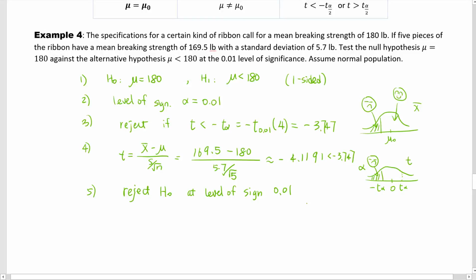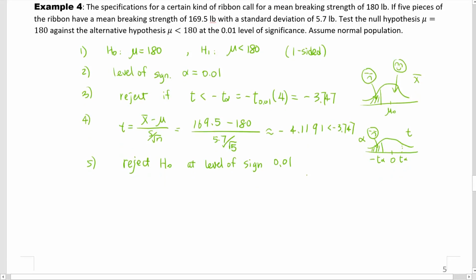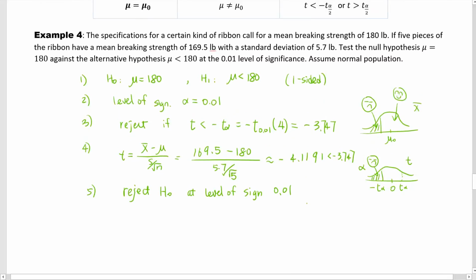But you always need to think, okay, that's the manufacturer's claim. What makes you not happy? Sometimes you really want to understand the problem and think about the actual situation. Like here, mu is 180. Even if the problem didn't tell you the alternative hypothesis, you would have to figure out whether, if the breaking strength is bigger, you are happy. Yes, it's a stronger ribbon.